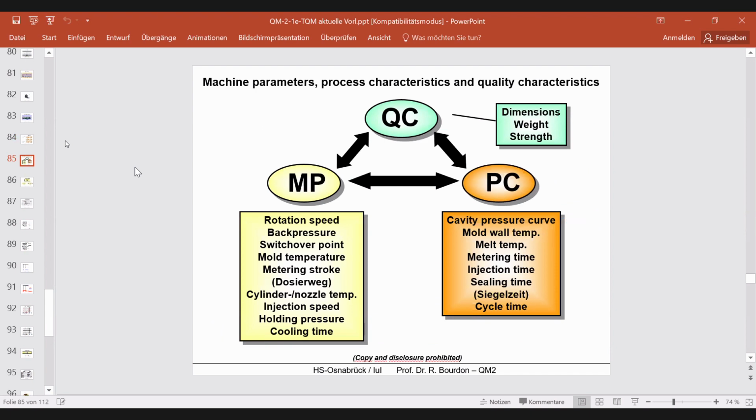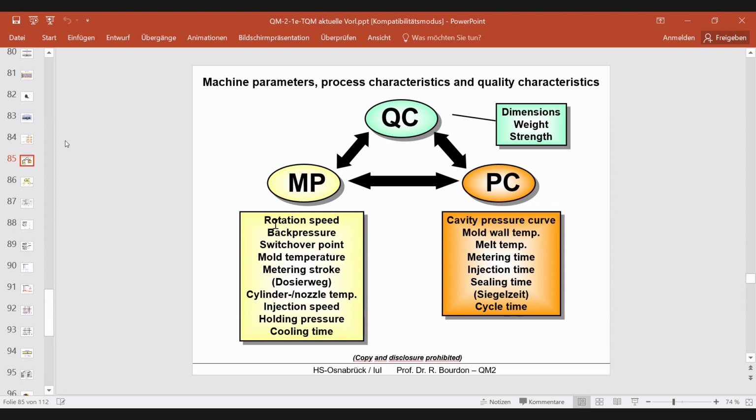What do you need? Well, if you want to do experimental design or application of DOE methods, then you have to do a separation into machine parameters and process characteristics. The difference is machine parameters can be changed independently from each other. Here, this example is related to the injection molding process.